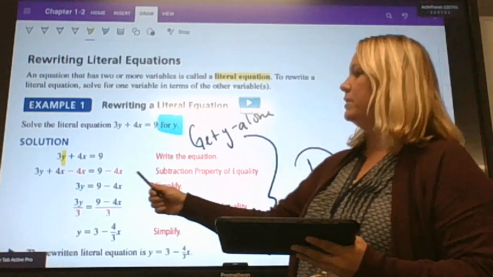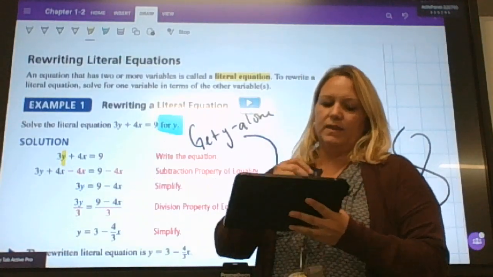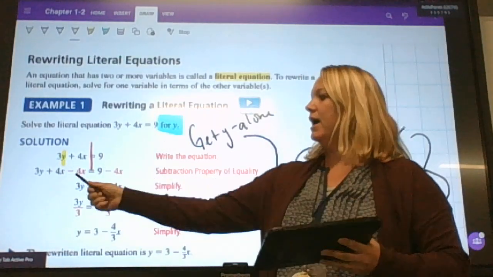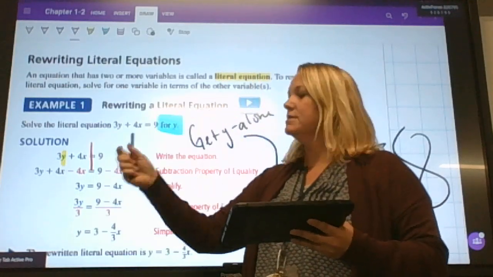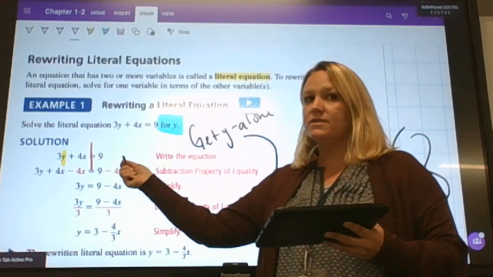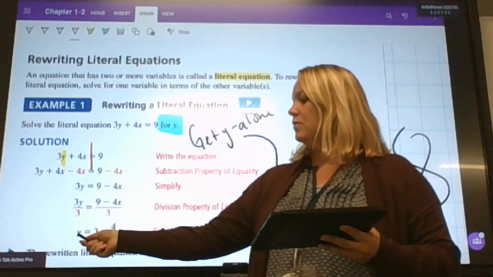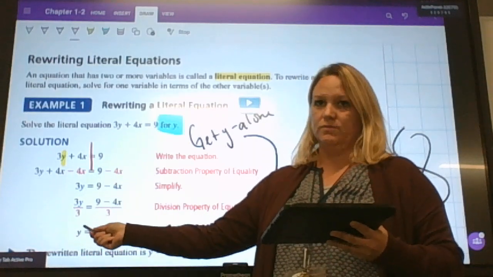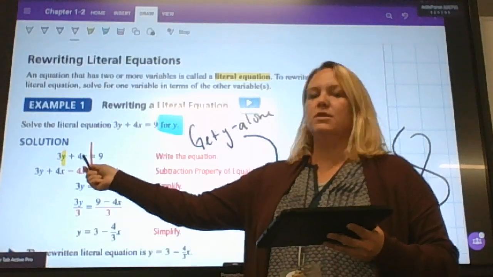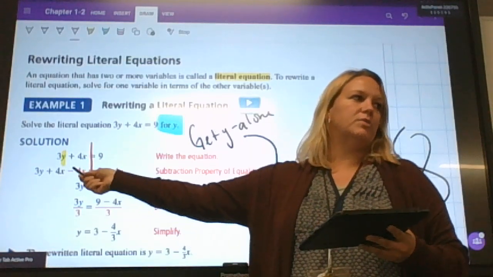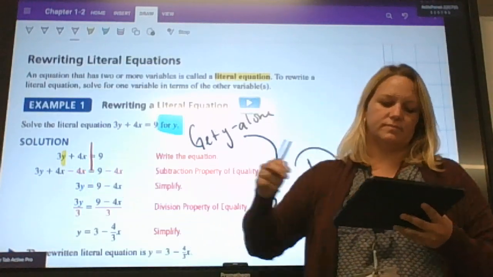They've done it in blue. And then here's the line. All of this furniture, or all of these numbers, have to be moved to the other side of the line, and so y is left all alone. So we're moving things around. The first thing you move is anything that's connected to a plus or minus sign.